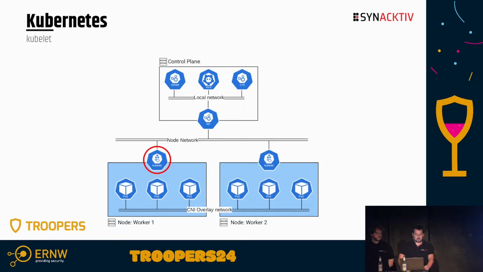In the node, there is also a component called kubelet. This component talks with the control plane, and the kubelet receives some specification from the control plane, and its goal is to apply this specification to the node.